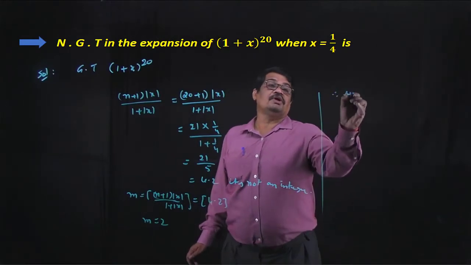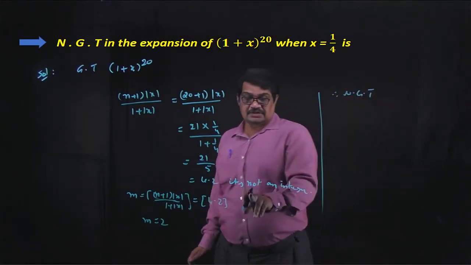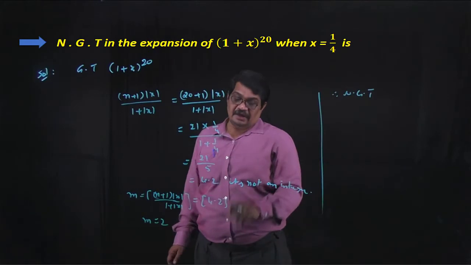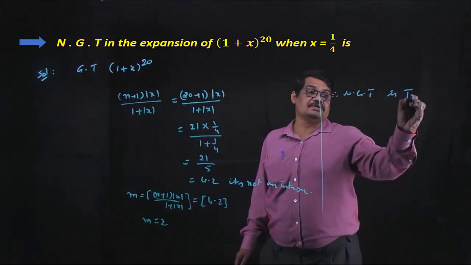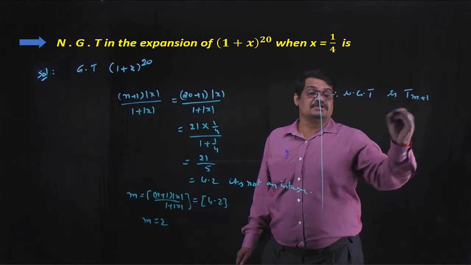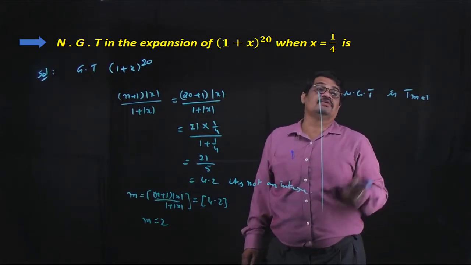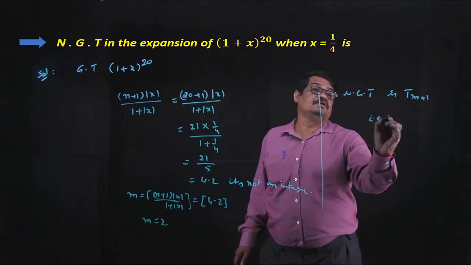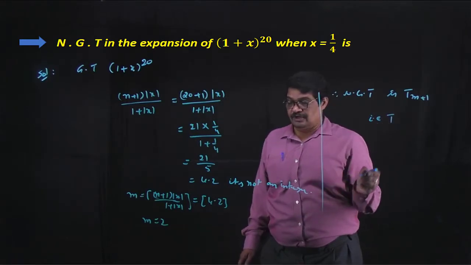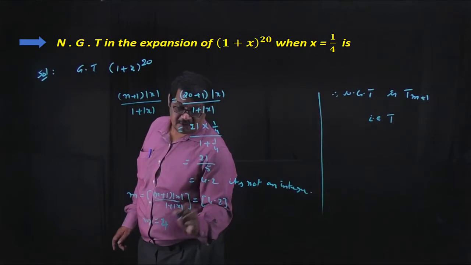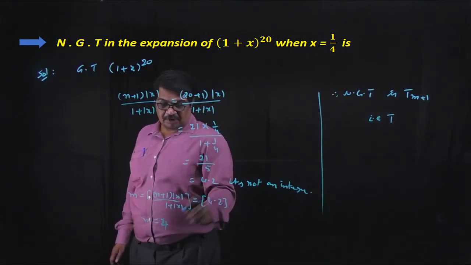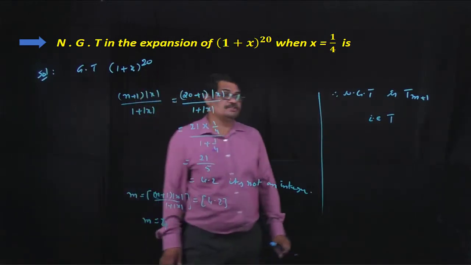In this case, since the value is not an integer, the numerically greatest term is T(m+1). What is m here? Here the integer part is 4, so m is equal to 4.